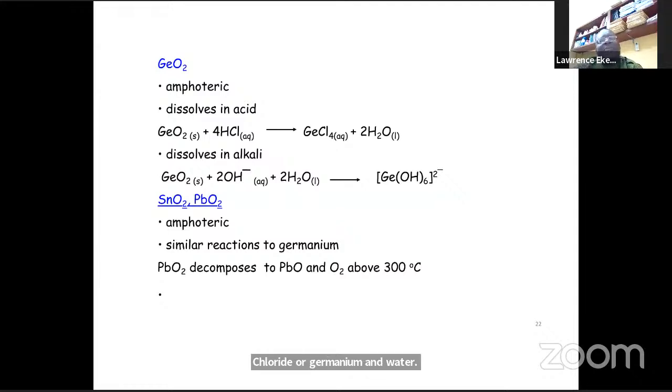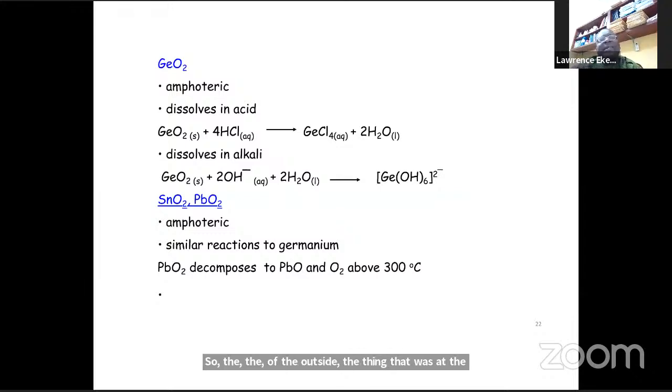It also has the ability to dissolve in alkali. If it dissolves in an alkali, it will give you a coordination compound, the hydroxide of germanium with an oxidation state of 2. So germanium dioxide, tin dioxide, and lead dioxide are all amphoteric in nature.